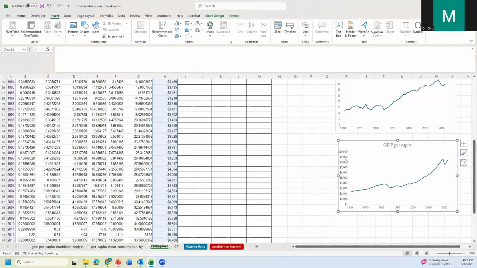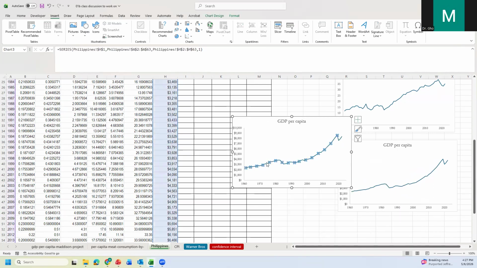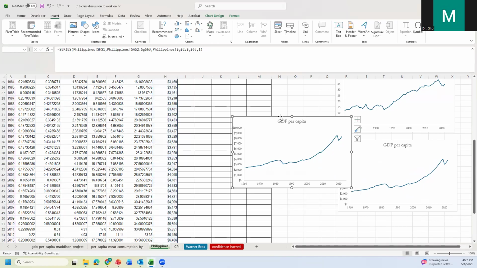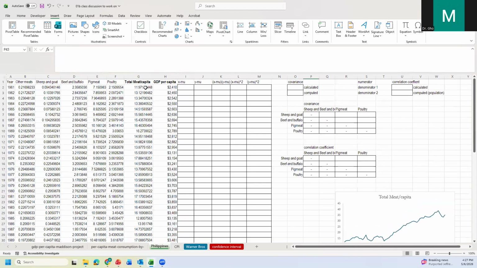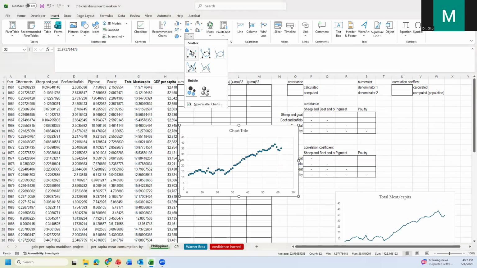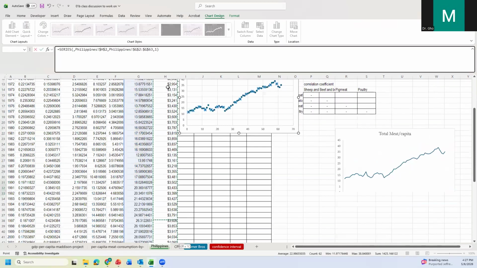Well, let's look at the two together. Instead of using A as the axis, I'm going to put G, to see if there's a relationship between them. I'm going to put the total meat consumption, insert, and then GDP per capita.